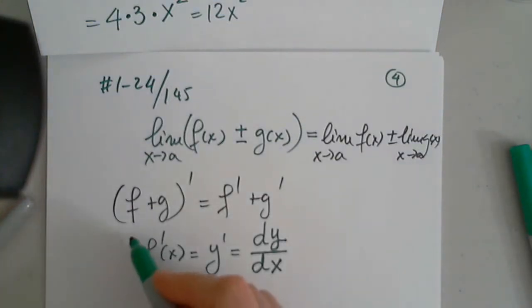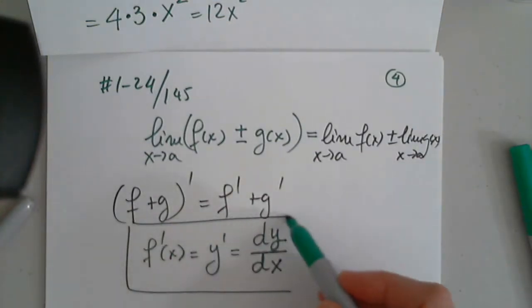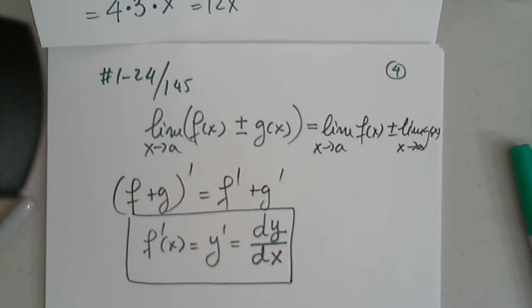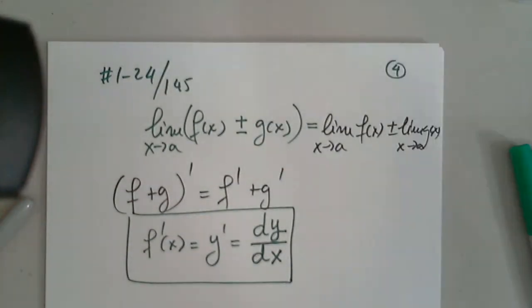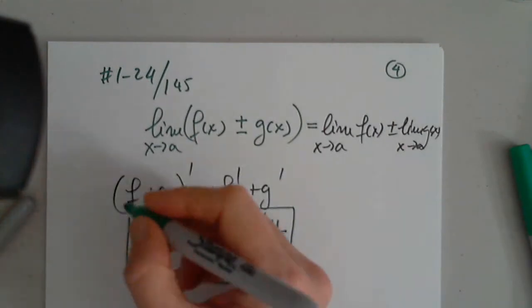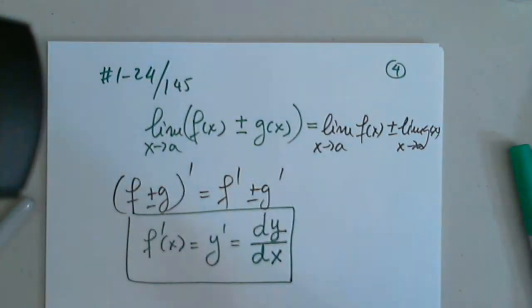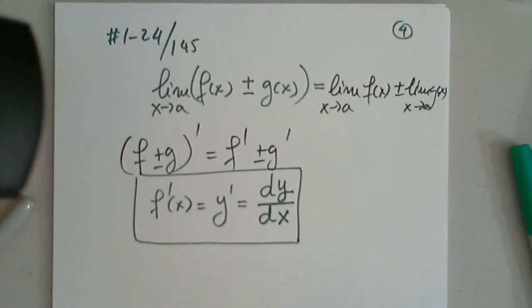So all these mean the same thing. So when we differentiate a sum or a difference, it's like the limit. I differentiate the first function and then plus I differentiate the second one. So feel free to choose any problem from 1 through 24. If not, I will.